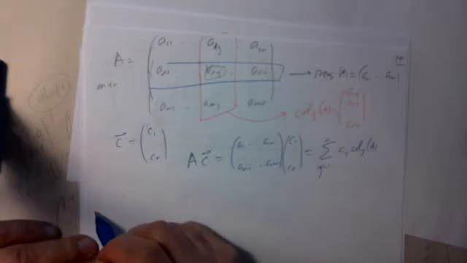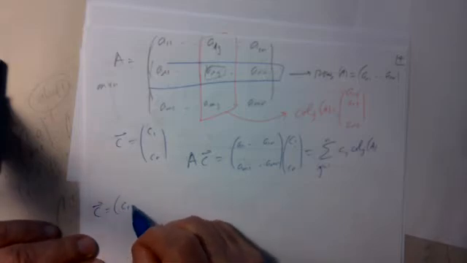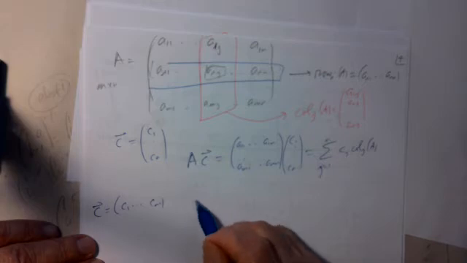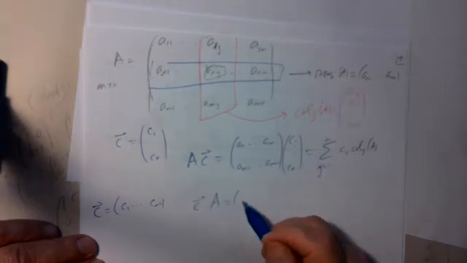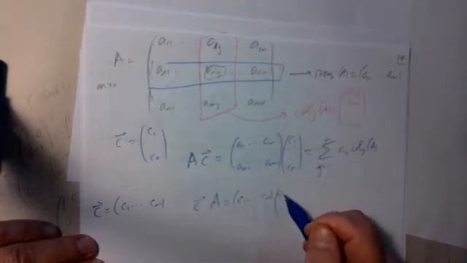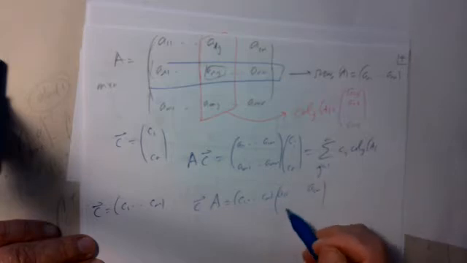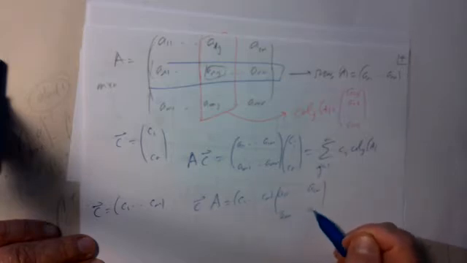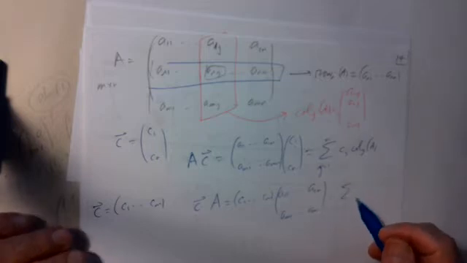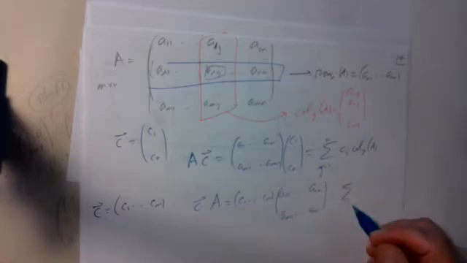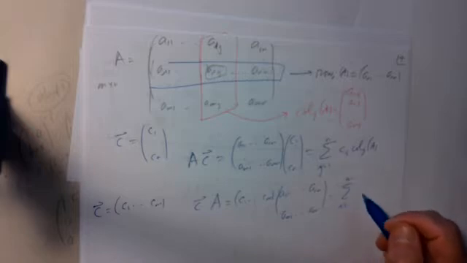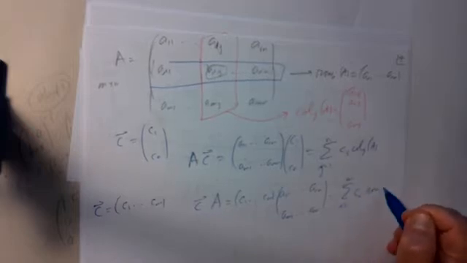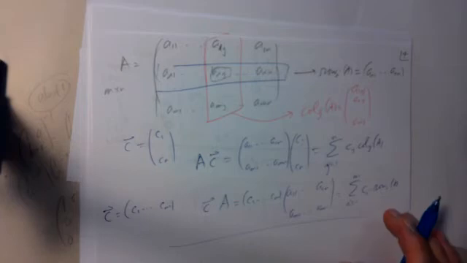And if c is a row vector, c_1 up to c sub m, then cA, so that's c_1 up to c_m times the matrix, this is a certain linear combination of the m rows of the matrix. i goes from 1 up to m, c sub i times the ith row of A. So this is an extremely valuable way to understand matrix multiplication.